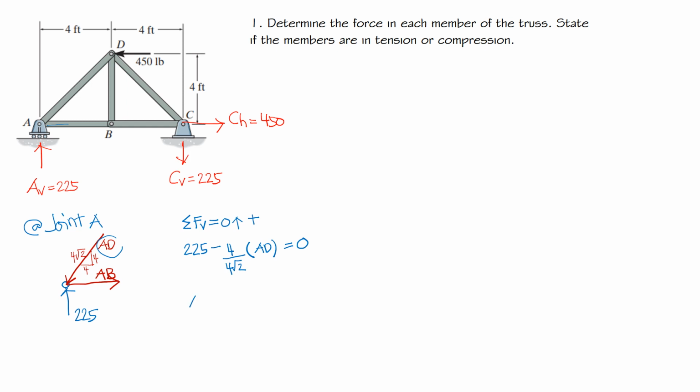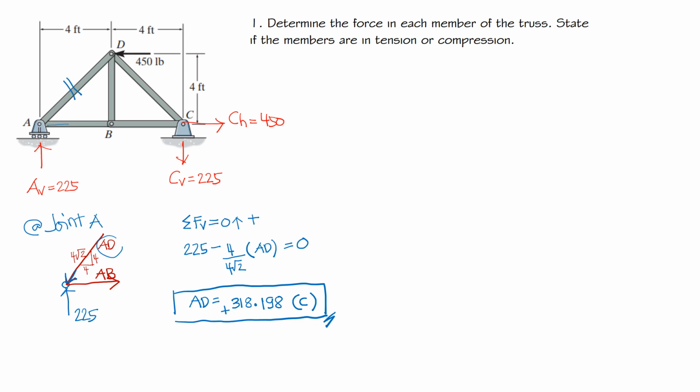Simplifying, AD is equal to positive 318.198. Since it's positive, our assumed direction is correct. Therefore, this is compression. So member AD is already solved.